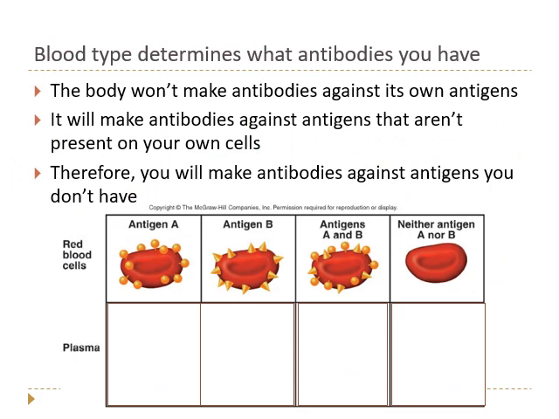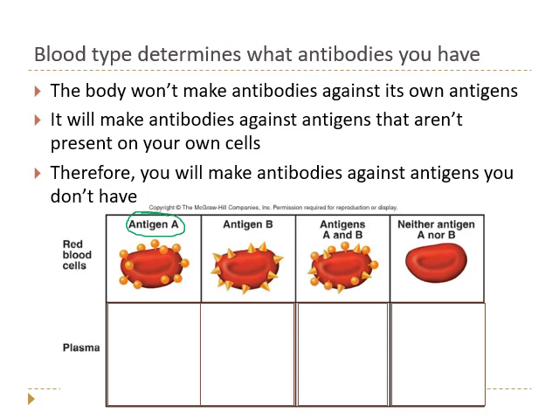This is important because you remember that we'll make antibodies against antigens that are not self, right? I'm not going to make antibodies against my own antigens because those are self, but I'm going to make antibodies against antigens that aren't self. So for example, in the first box here on the left, if I have A antigens, then I'm not going to make antibodies against those.